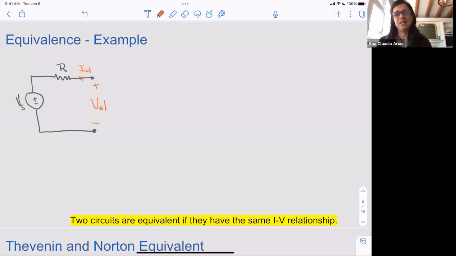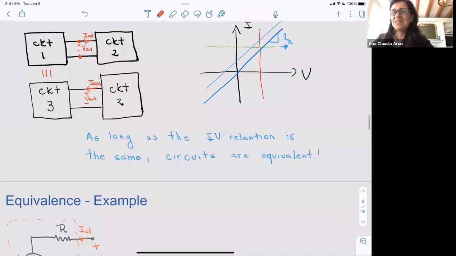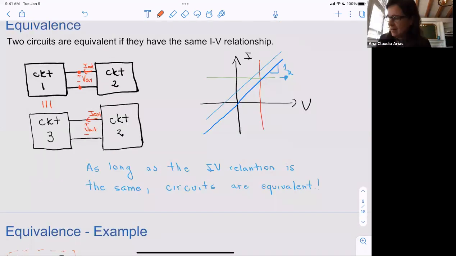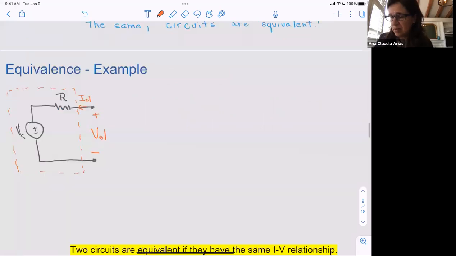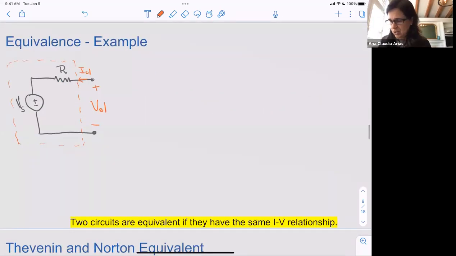Okay, so if I had to ask you, how does the IV characteristic look for this simple circuit? When I define these I element and V element, I'm basically looking at this circuit as a block, just like I told you before, where it doesn't matter what's inside, but here I'm telling you what we're going to work on, which is inside.